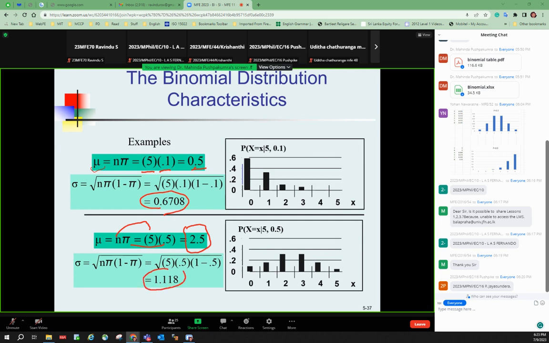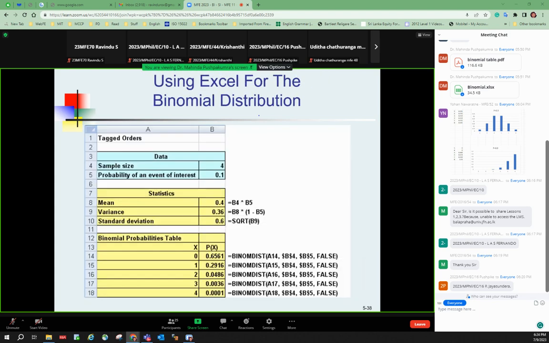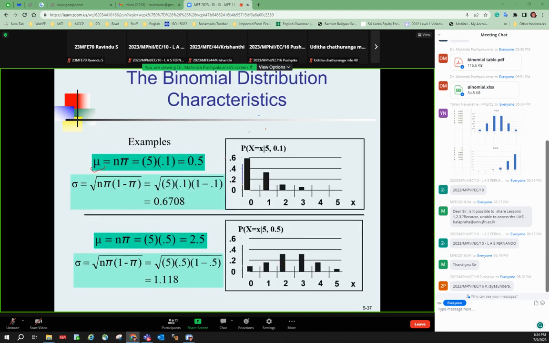Then the standard deviation is 1.18. Okay, this is the end of the discussion related to binomial distribution.